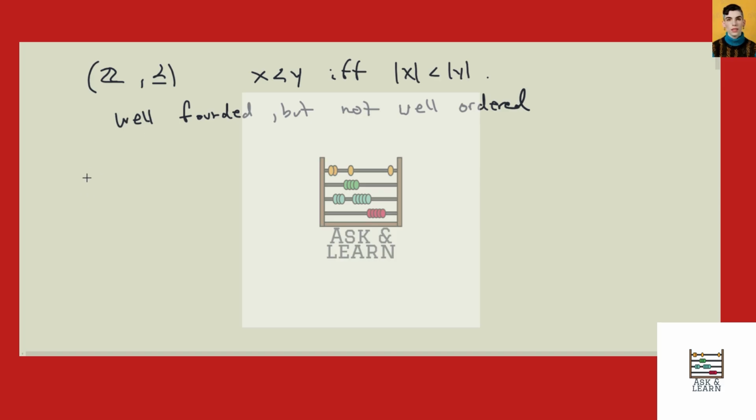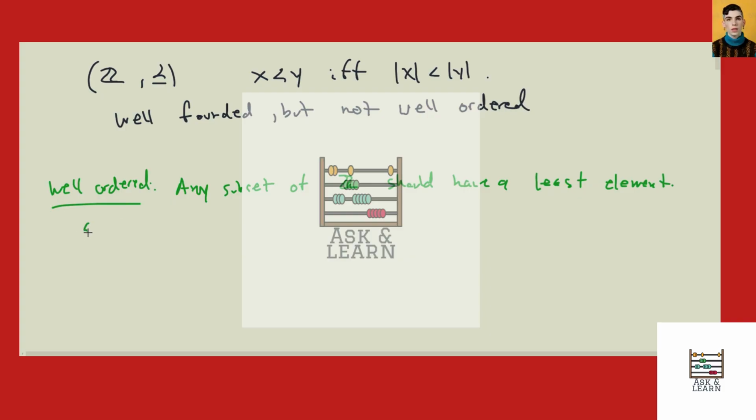All right, so for well-ordered, remember this means any subset of Z should have a least element. All right, so we have that.